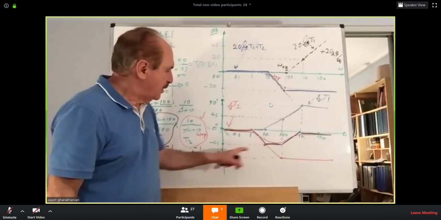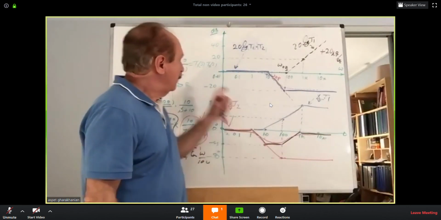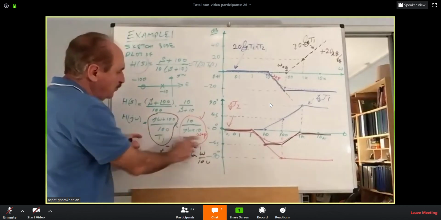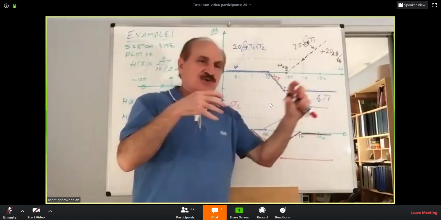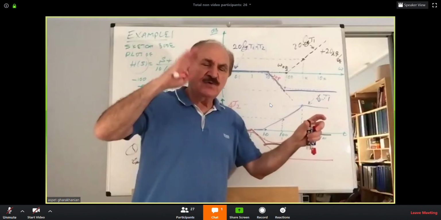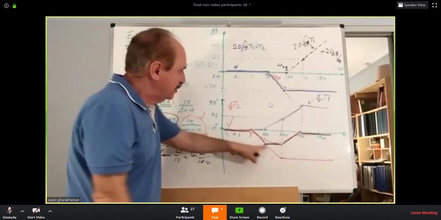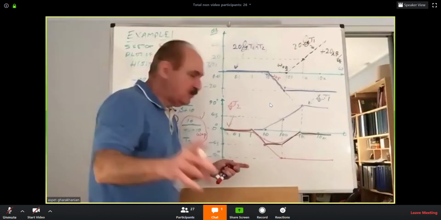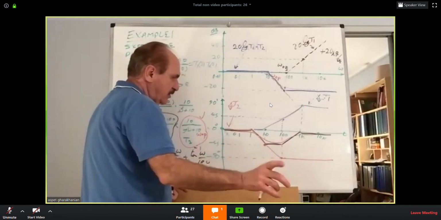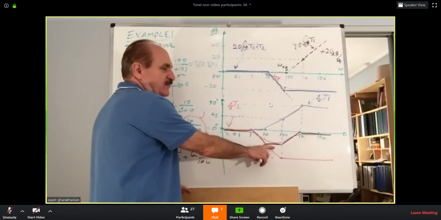So we have an idea. The combination of these two functions, if you're applying a sinusoidal wave, is going to give you a phase lag. So the output is going to lag the input. But I know that the lag angle is never going to exceed more than 45 degrees.